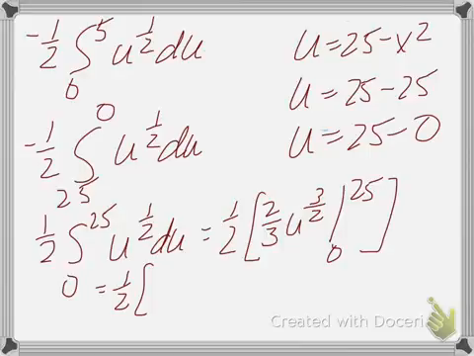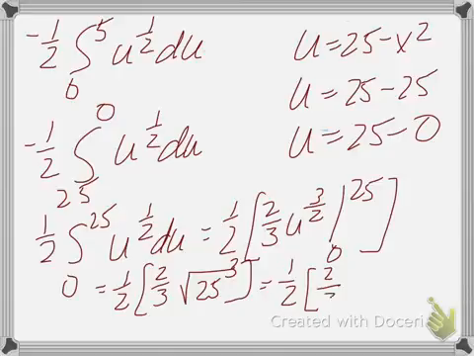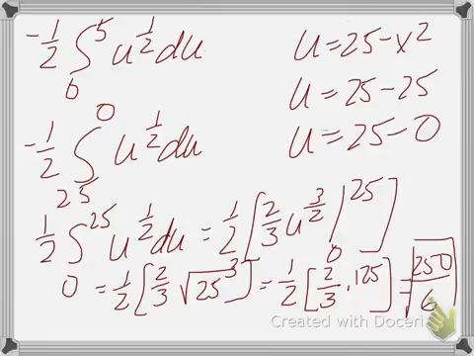When you put 25 in there, you're going to get 2/3 radical 25 to the third power. Square root of 25 is 5. 5 to the third power is 125. So you're going to get 250 over 6, which could be reduced, but we don't care about that. And that was the answer.